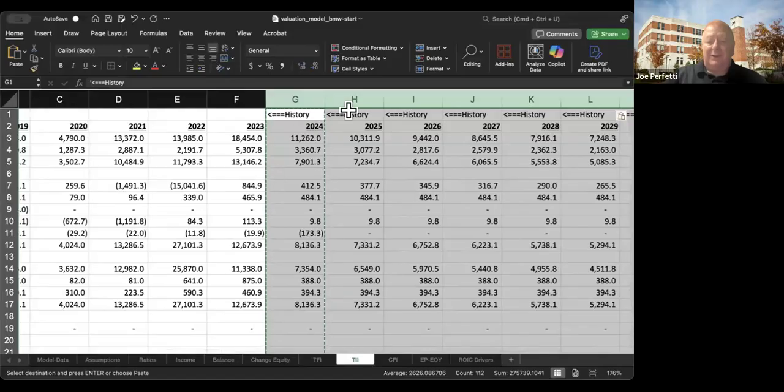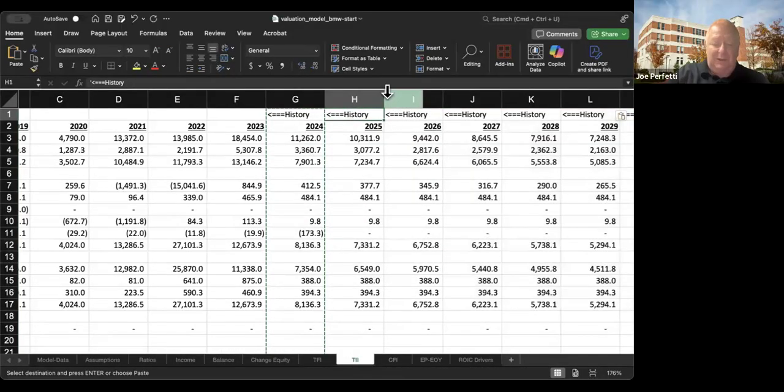The only thing I have to do is, starting in 2025, this is no longer history. This is a forecast. Caps lock on, don't shout. So make that forecast and copy this over.